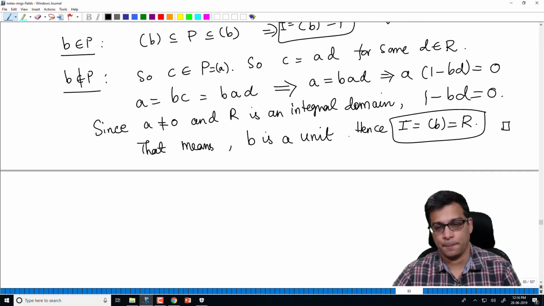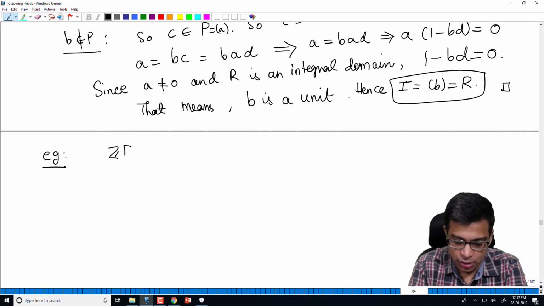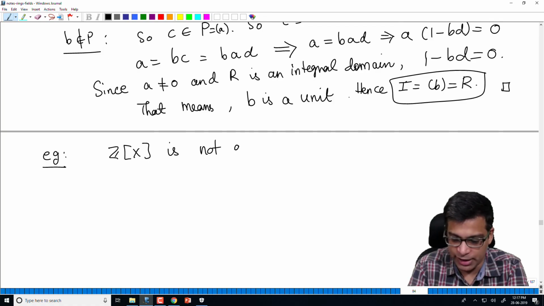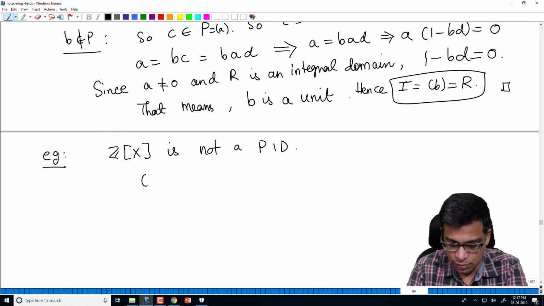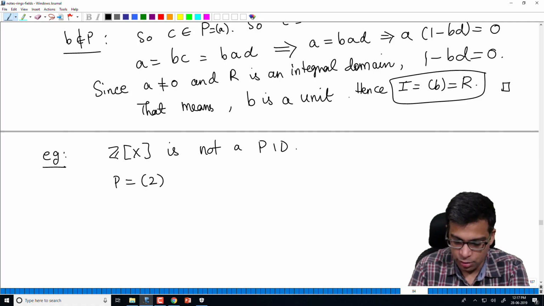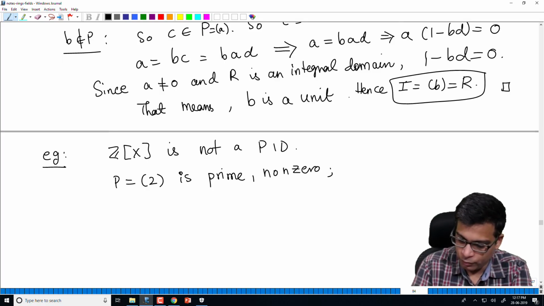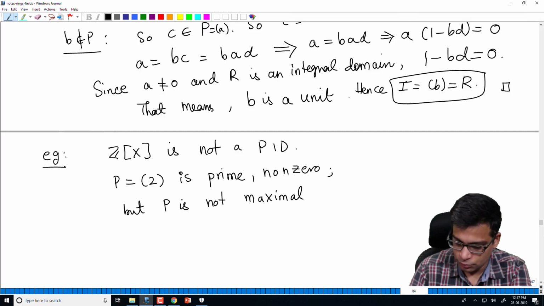It's an interesting statement that every non-zero prime is maximal. So again, we see that in this example. Z[x] is not a PID, as I proved earlier, and in this ring the ideal P, which is generated by 2, is prime, non-zero, but P is not maximal, right?